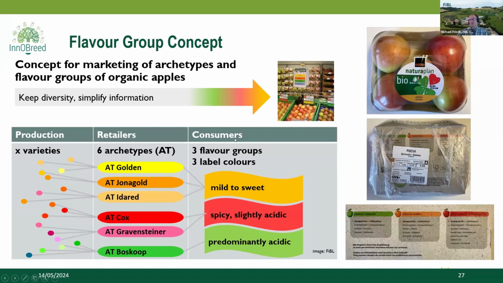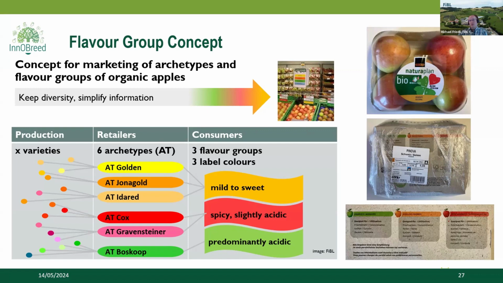And this is really quite a nice concept because it offers the possibility to produce many different varieties, but also with maybe not a big area of production, or you can also already go to the market with some newer varieties where you don't have a really big production.